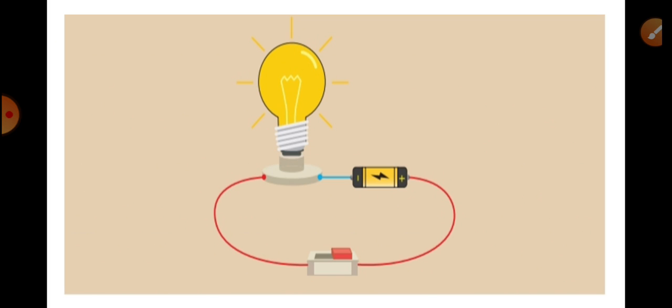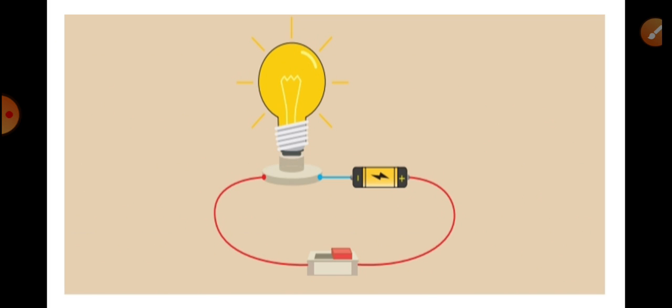In the on position the light glows, but it will take some time to glow. Touch the electrical bulb. Do you feel the heat? Yes. So when the electric current passes through the wire to the electrical bulb, the electrical energy is converted to heat energy.